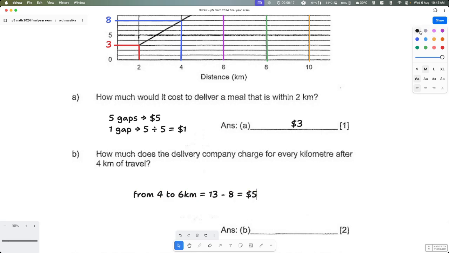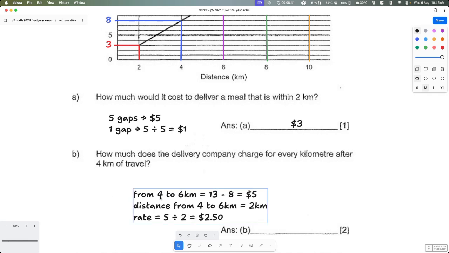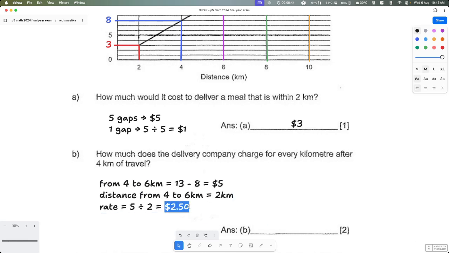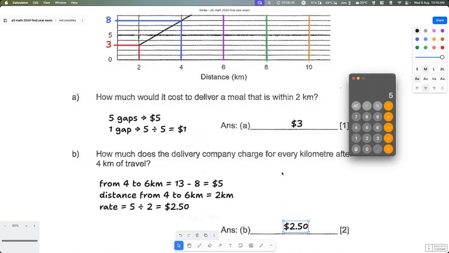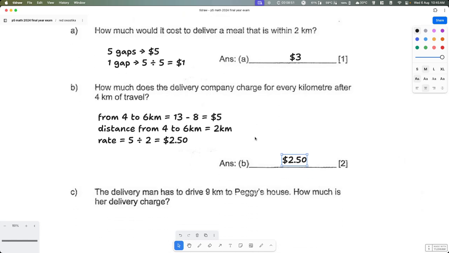The distance from 4 to 6 kilometers is 2 kilometers, so the rate will be 5 divided by 2. This will give us $2.50 per kilometer. If you double check 5 divided by 2, it's $2.50.